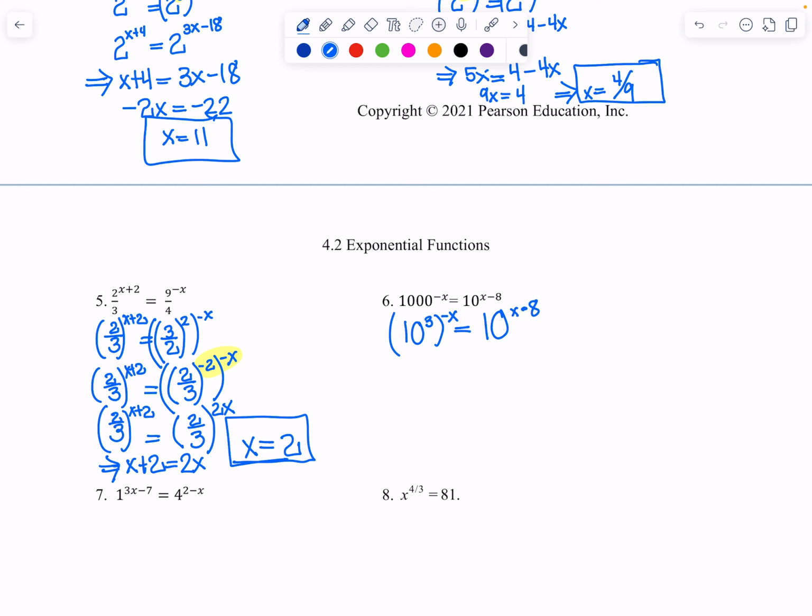Okay? So I raised that to the third, and then I wrote what was on the right-hand side because it already had a base of 10. Now remember, you all, we got to multiply those. So I get 10 raised to the negative 3x equals 10 raised to the x minus 8.